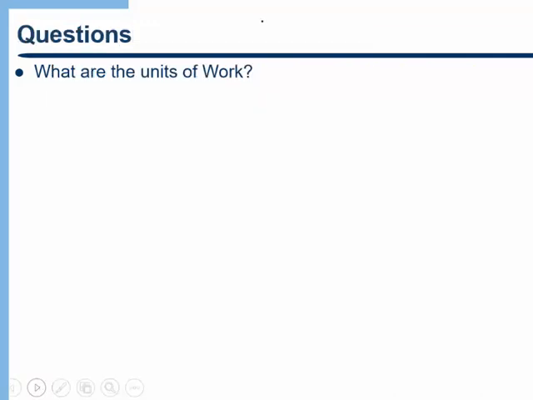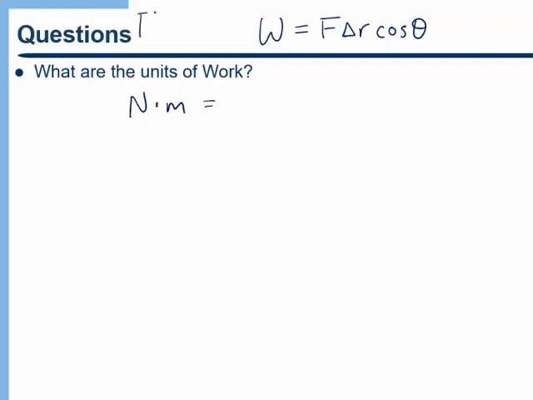Based on our definition of work, that work is F delta R cosine theta, what are the units of work? Well, we can see looking at the formula that the units of force are newtons, the units of displacement are meters. So one answer would be newtons times meters. However, we also know from Newton's second law that a newton is a kilogram meter per second squared.